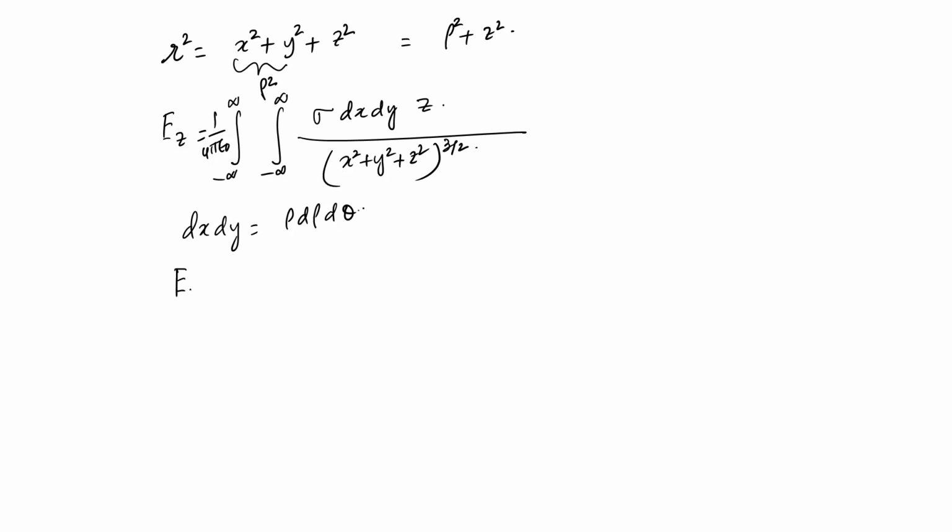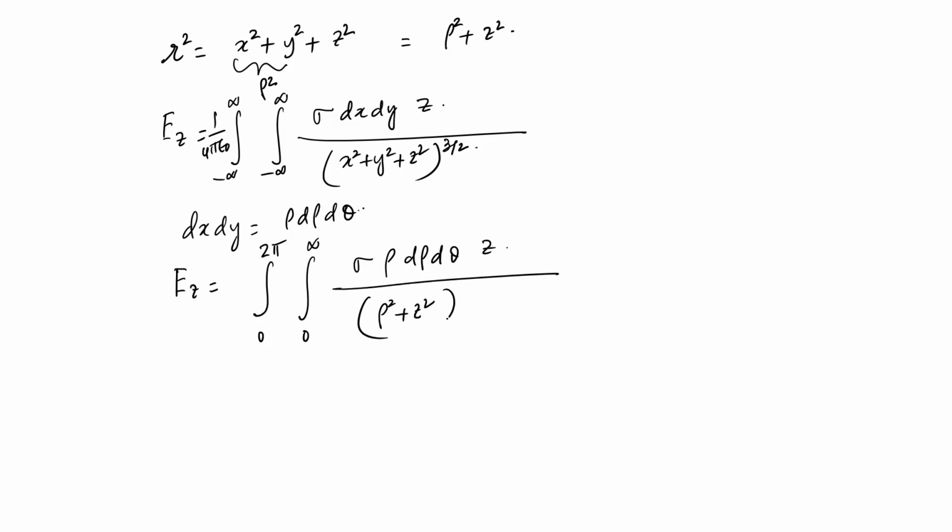So, E z becomes equal to the integral from 0 to 2 pi and 0 to infinity of sigma rho d rho d theta, and then you have a z there, and then you have rho square plus z square whole to the power 3 by 2.